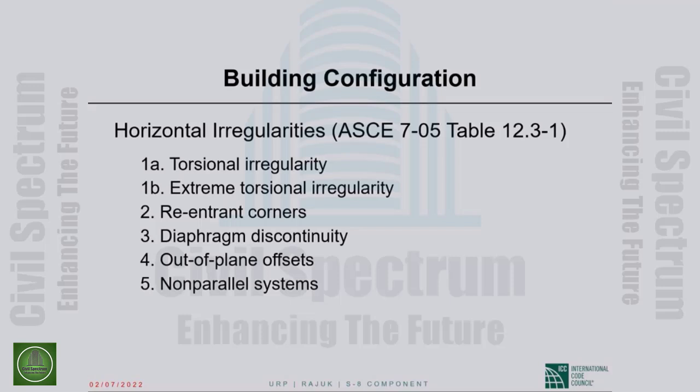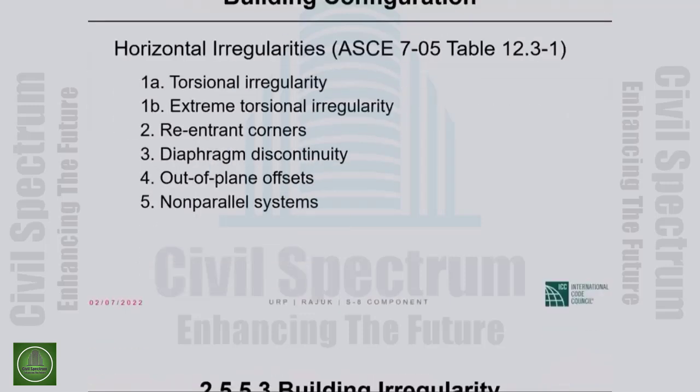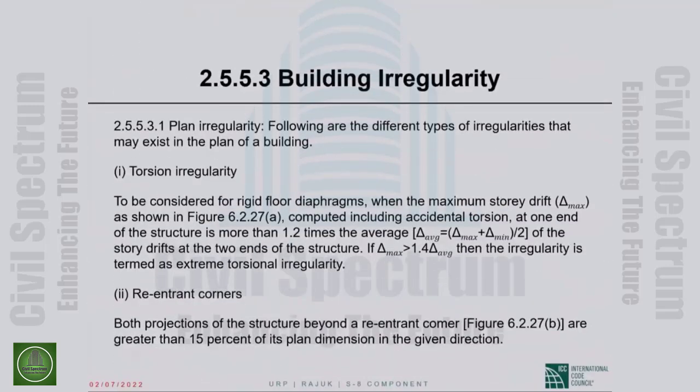We will talk a lot about them, particularly tomorrow, so every detail will become clear. But for now, those are categories of horizontal irregularities that are recognized in ASCE 7.